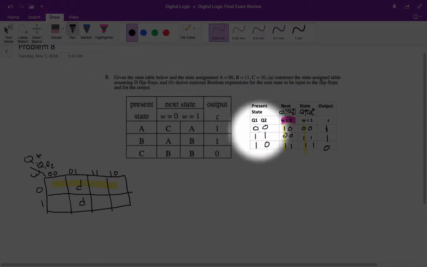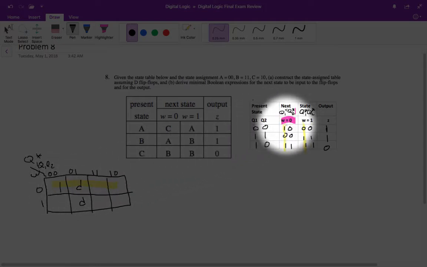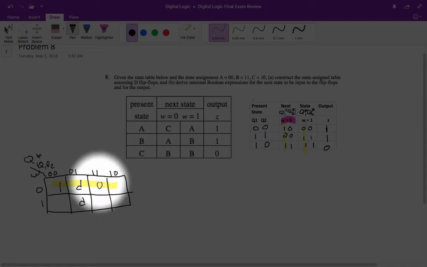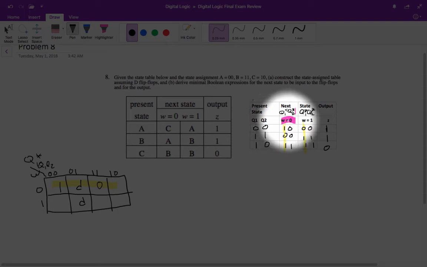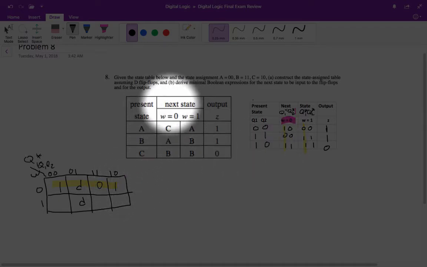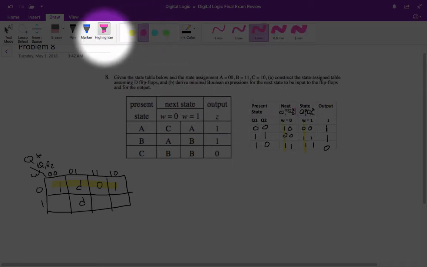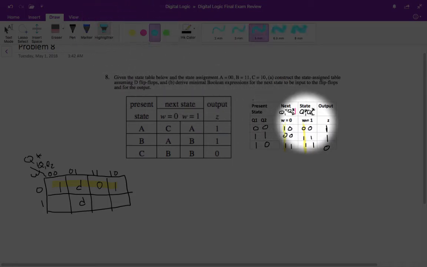Okay, so when W is 0 and Q1 Q2 is 0 0, then Q1 star is 1. When W is 0 and Q1 Q2 is 1 1, Q1 star is 0. When W is 0 and Q1 Q2 is 1 0, then Q1 star is 1. So now we're going to get the values where W equals 1. So now we're looking at this column.